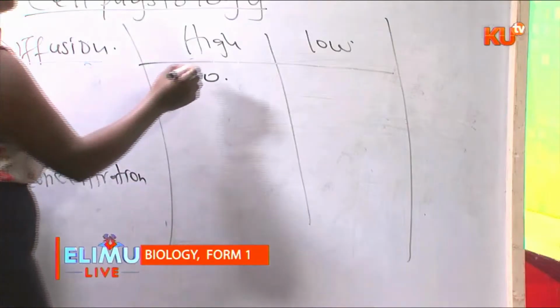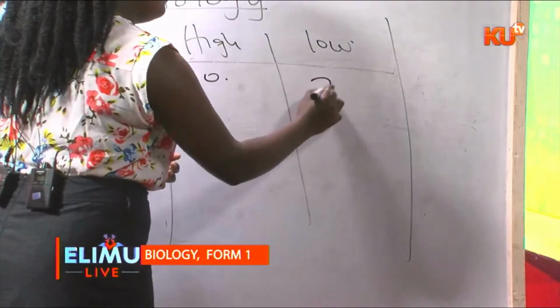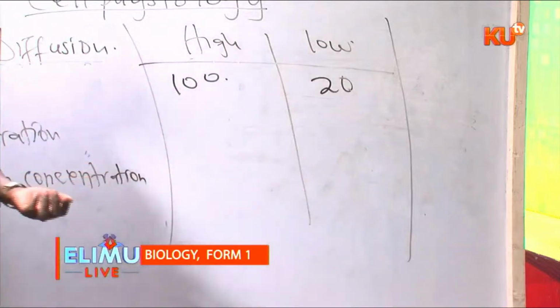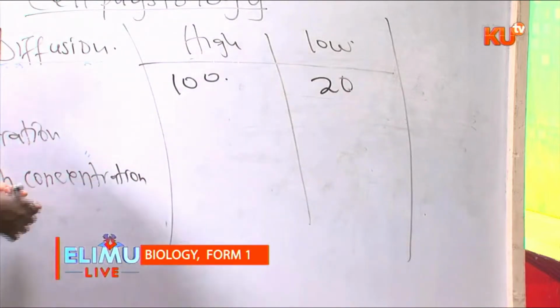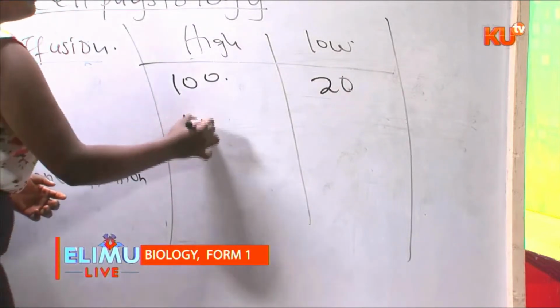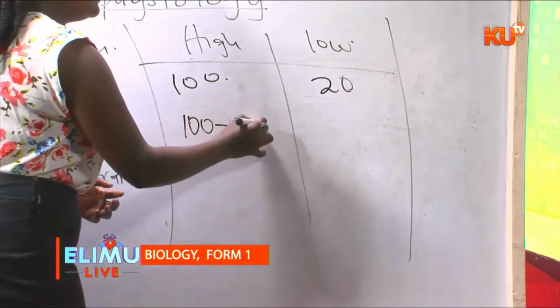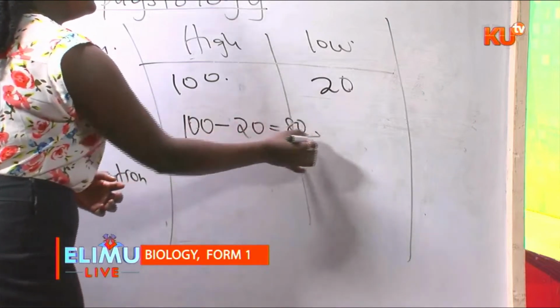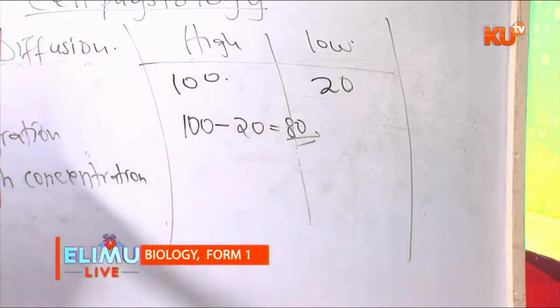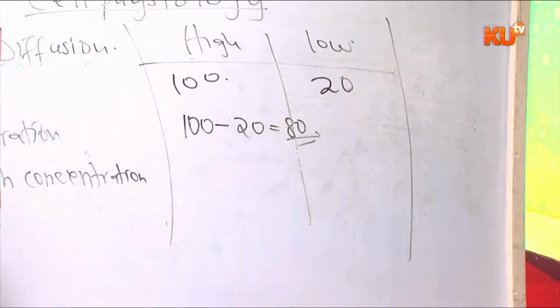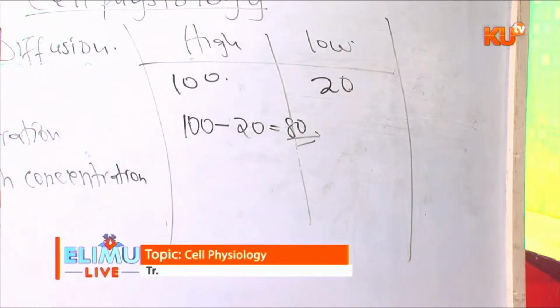Let's say the ones that spread were 20. So diffusion gradient is simply 100 minus 20, that is 80. This is what we're calling diffusion gradient. It is the difference in the particle concentration: the high region minus the low region.